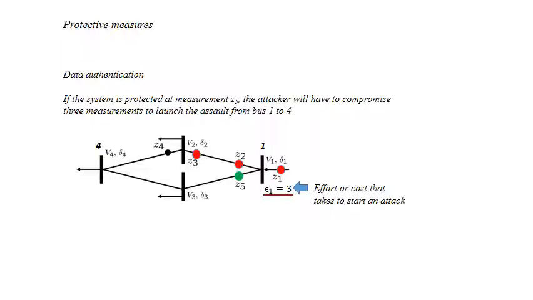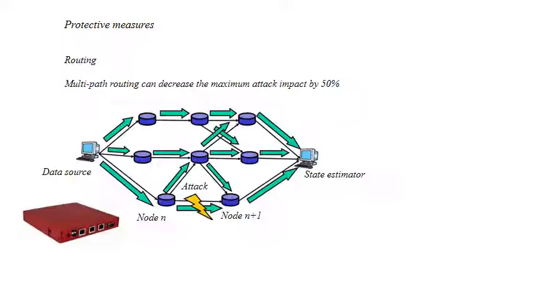The last protective measure in this final slide is routing. Multipath routing is the best routing technique to protect the networks. Multipath routing uses devices that can send information through various trajectories.